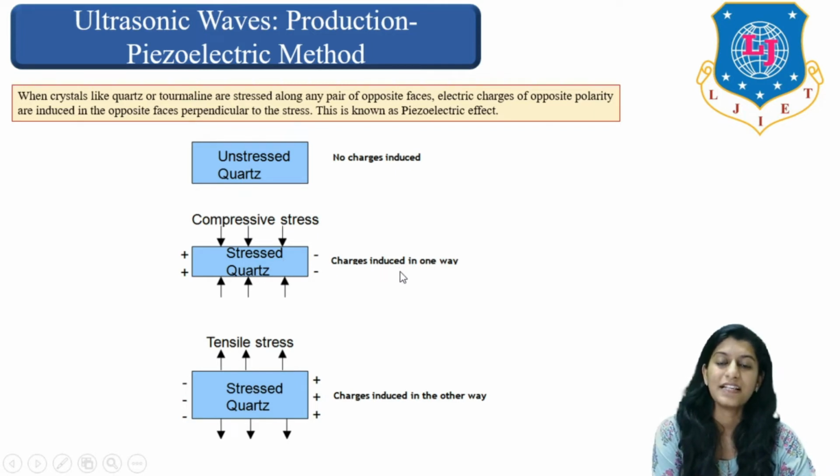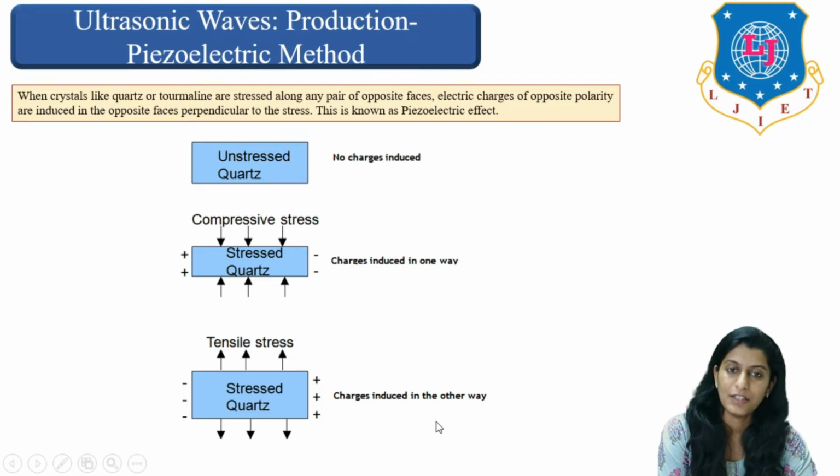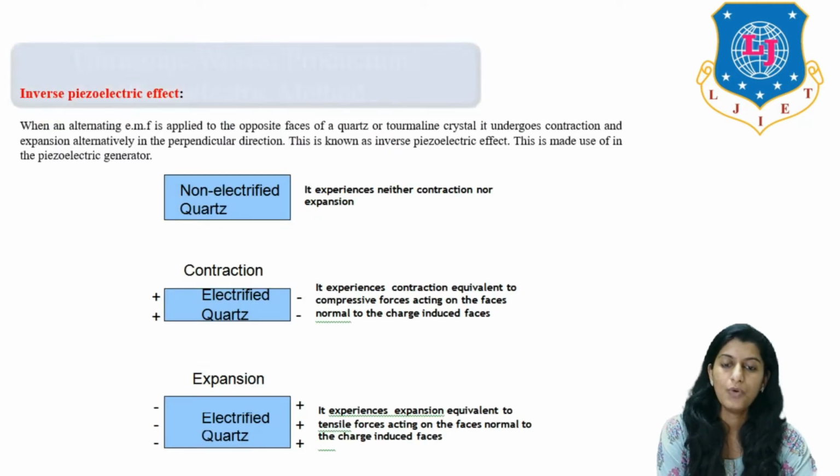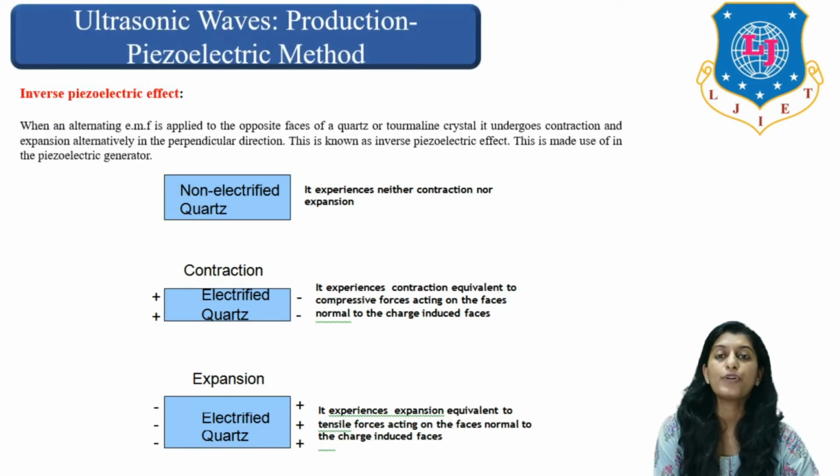So charges are induced in one way, and when you apply tensile stress, charges are induced in the opposite way, right? So when you apply compressive stress, charges will be induced in one way and here in the other way.